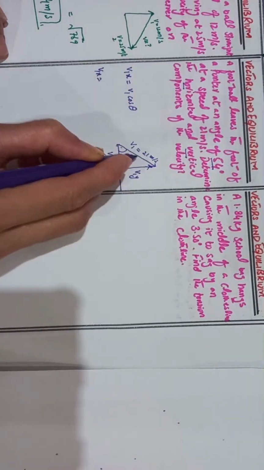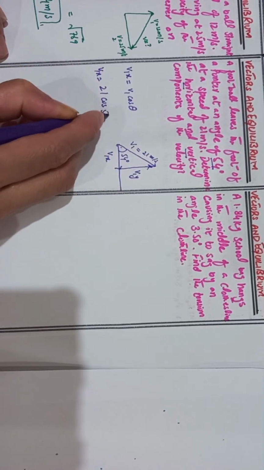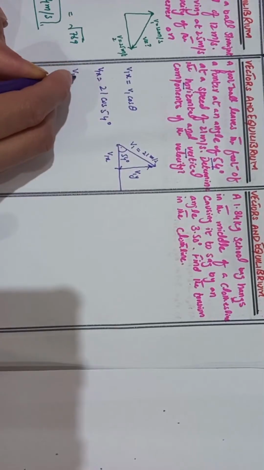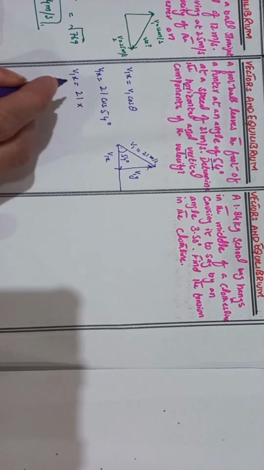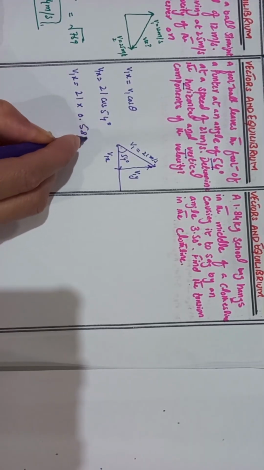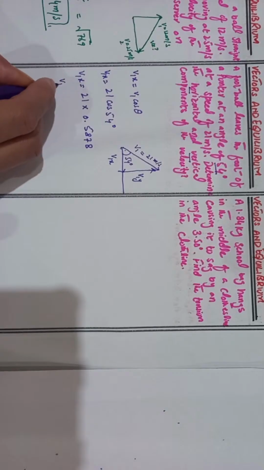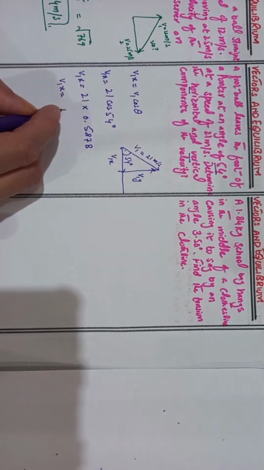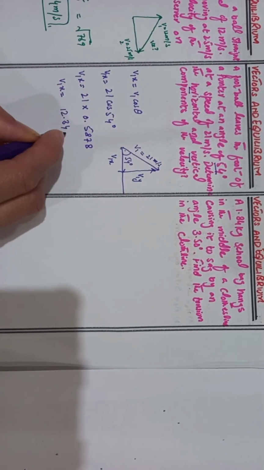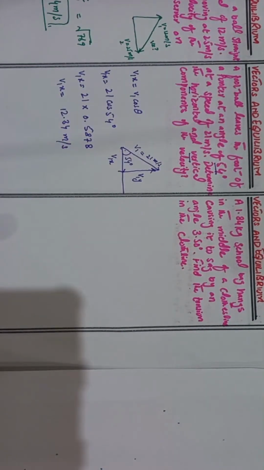Now here v1 is given as 21, cos of the angle 54 degrees. So cos of 54 degrees is equal to 0.5878. So v1x is equal to 12.34 meters per second.